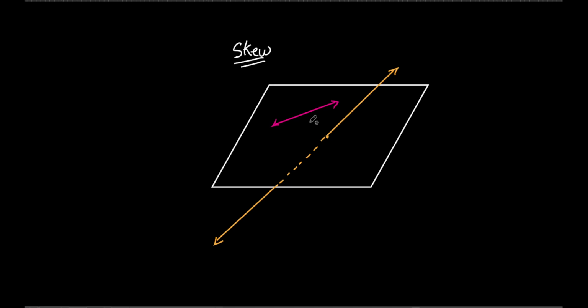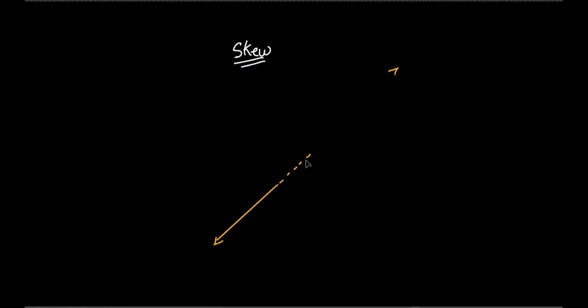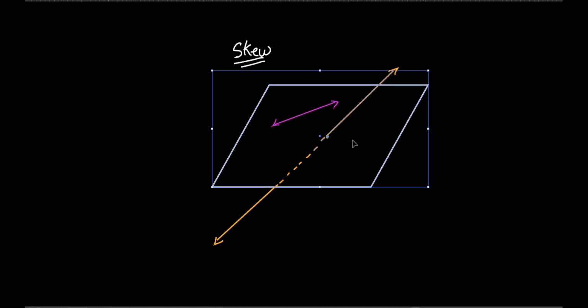They are non-coplanar lines. Because the pink one is in that plane and the yellow one is not in that plane. All right. Let's do another one. Everybody got that?